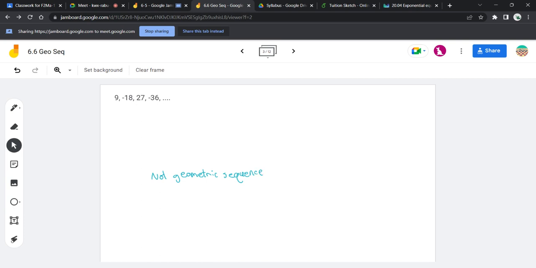So since negative 18 divided by 9 is negative 2, but 27 divided by negative 18 is negative 3 over 2. So it is not a geometric sequence.